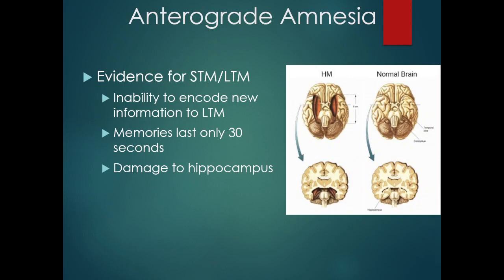Those memories are there, so that implies that pretty much anything from prior to the injury or illness stays. It's the formation of new memories, the transitory nature of the short-term store, and the inability to move information from short-term to long-term memory that is affected. This is where anterograde amnesiacs give us evidence that supports the interpretation that you have a short-term memory store and a long-term memory store.